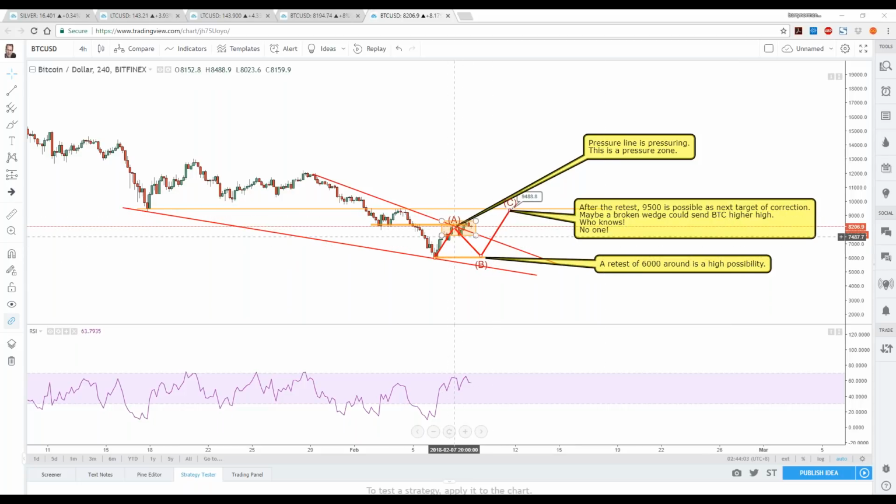So if we see Bitcoin bounce off of here, bounce down to the resistance level, move back up to the support level, and break out of the wedge, we would expect it to move up to the next resistance level, which was 94.88. Okay. So the next move we're expecting is to come down and retest the 6,000 level and then move on up. But we still need a lot more information to make a trading decision, but we're preparing ourselves.